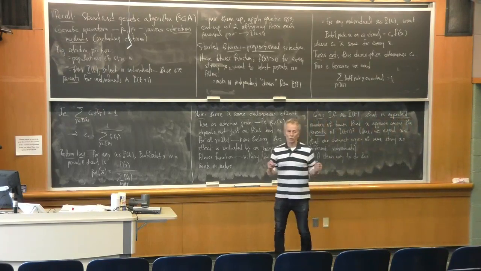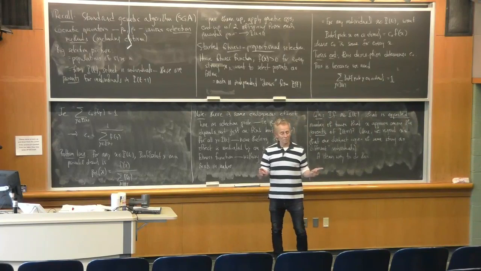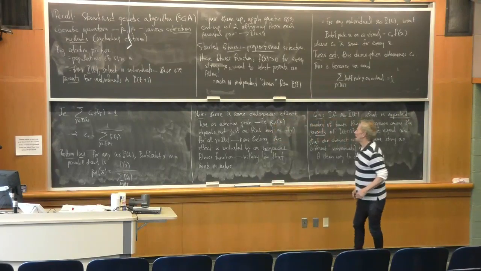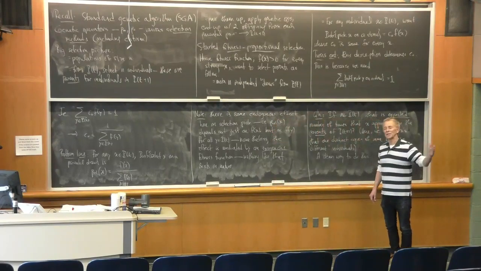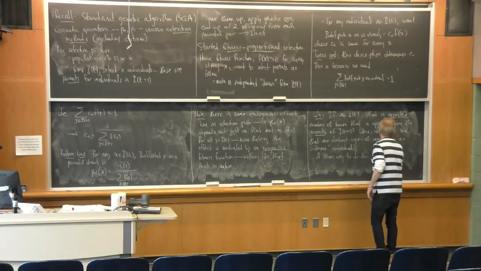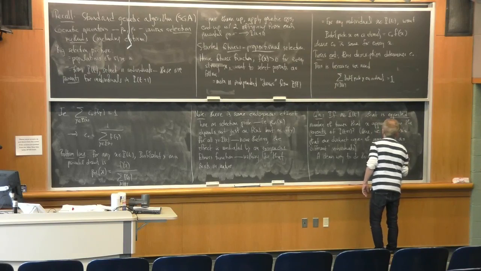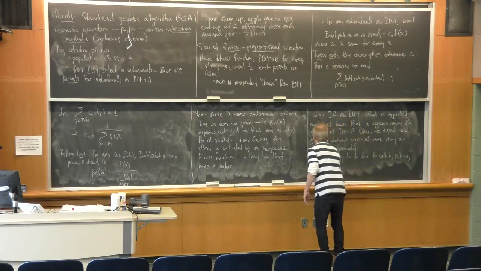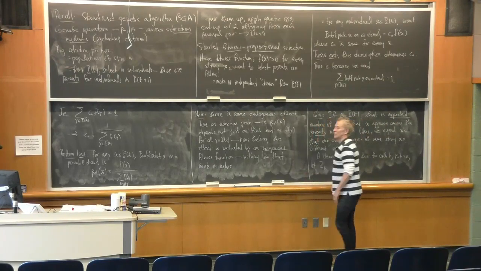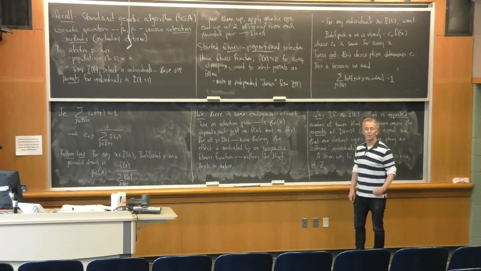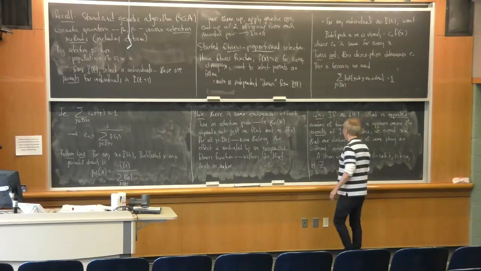I'm making n draws, right? So I have draw k as k runs from 1 to n. So for each k, 1 less than or equal to k less than or equal to n, I'm going to let Zk be a random variable. What is this random variable going to be?